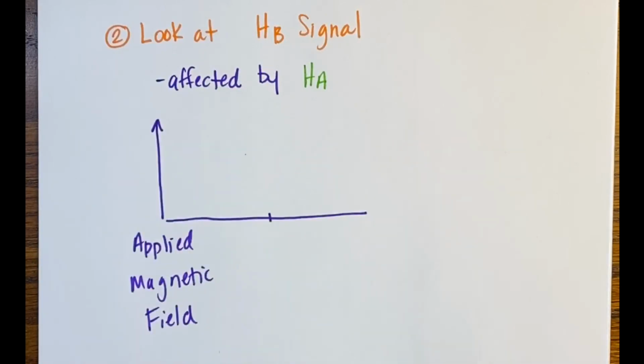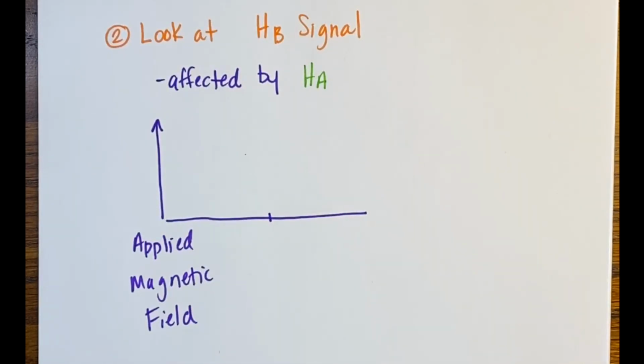So if we have the same applied magnetic field, and if my signal for HB with no impact from neighboring protons would occur right here, I'm going to look at what happens to the signal for HB as it is impacted by the protons HA.